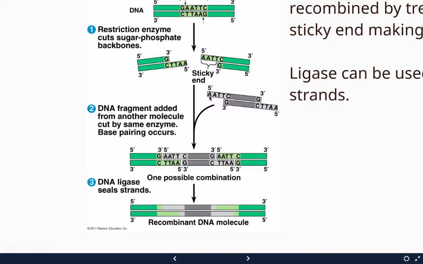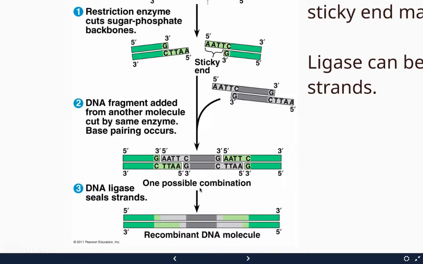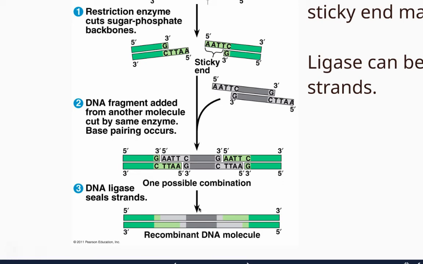It ends up with the same complementary ends, so that the T, the A, and the A line up with the A, the T, and the T, so that it actually fits in right here. Now, once we ligate them together, you now have a continuous strand, 5' to 3', and a continuous strand on the bottom, 5' to 3'. What you have is a functional gene that you've inserted into a plasmid, and that will be expressed.